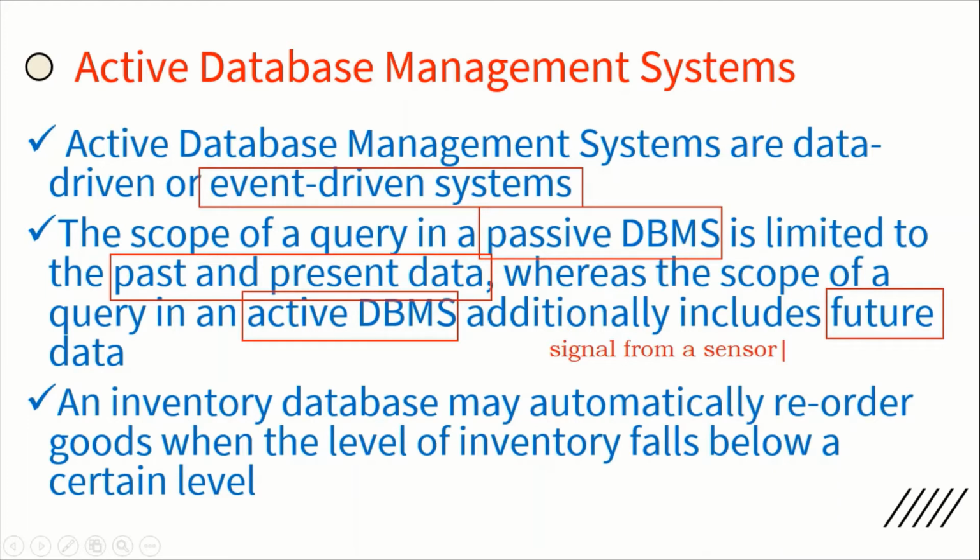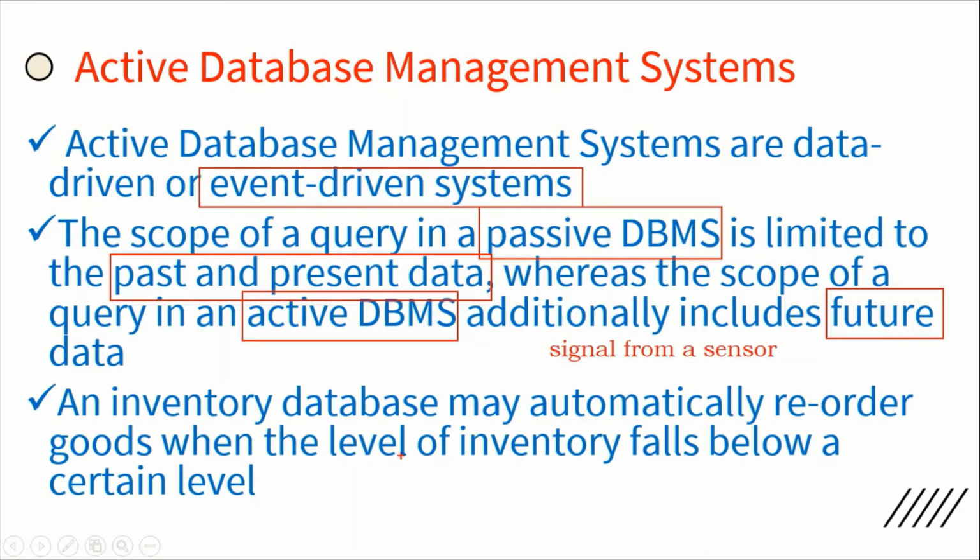It gets a signal and it does some work. It is active, not passive. Inventory database may automatically reorder goods.